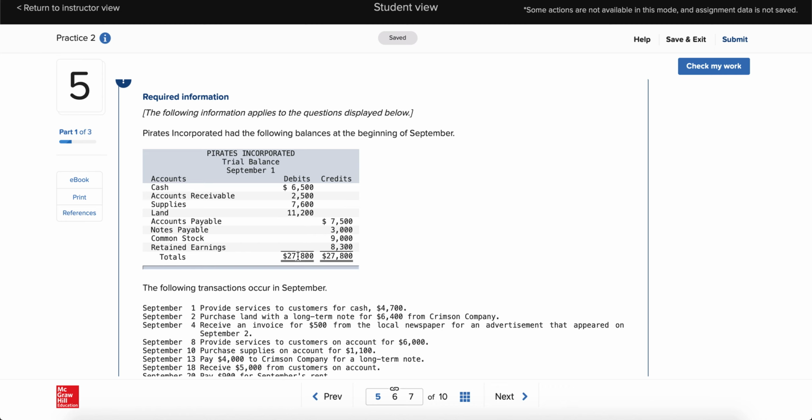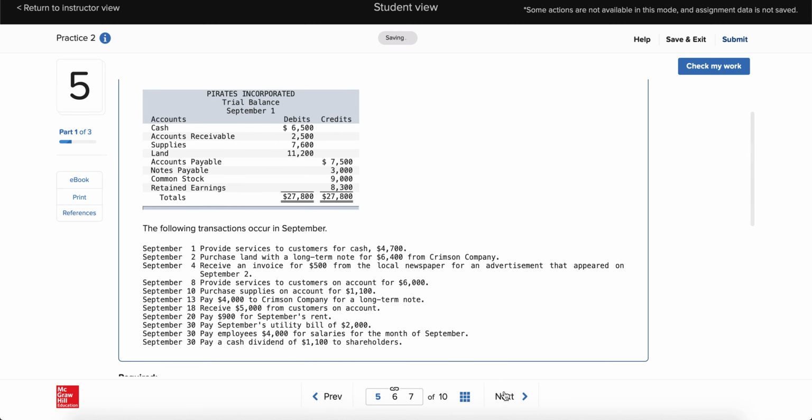You won't need the beginning balances here until you actually go to post to the general ledger and then complete the trial balance, because all of these beginning balances should be the beginning balances in the general ledger.